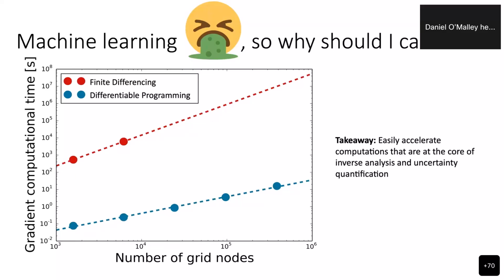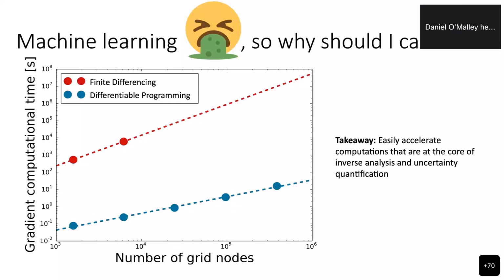This is for a nonlinear model. Basically, if you're doing this with FEHM, you have to run the model once for every parameter you have. So if you have parameters for each grid node, you have to run the model a lot of times. Whereas with differentiable programming, you basically just have to run the model twice, no matter how many grid nodes you have. That's where the speed up comes from.